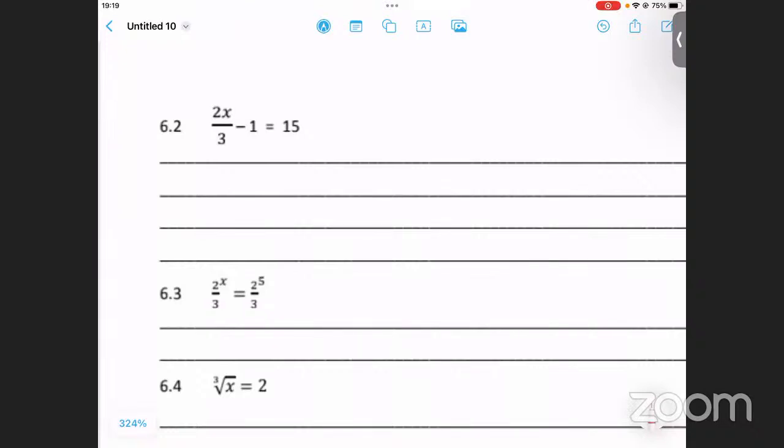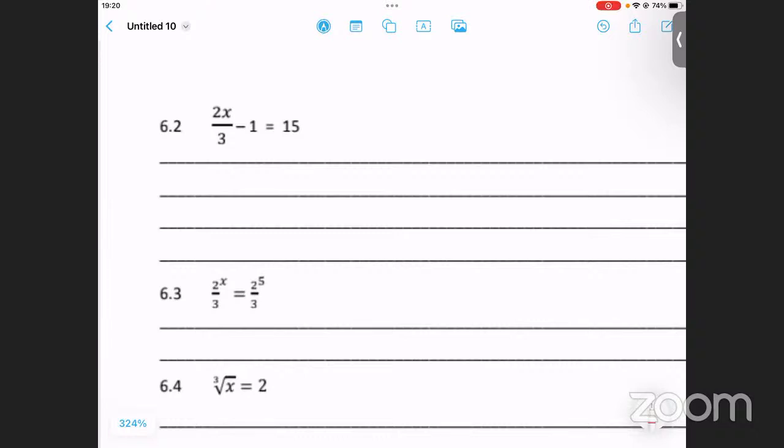Zira, how are we going to solve this? Ma'am, you're first going to move your minus 1 over the equal sign, which will give us 2x over 3 is equal to 15 plus 1, which then gives you 16. So your equation would be 2x over 3 is equal to 16. Then you move your 3 over the equal sign.